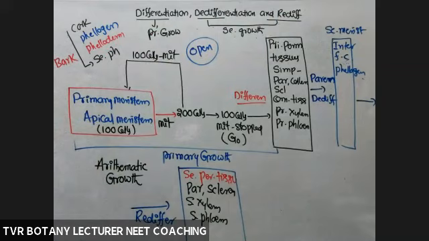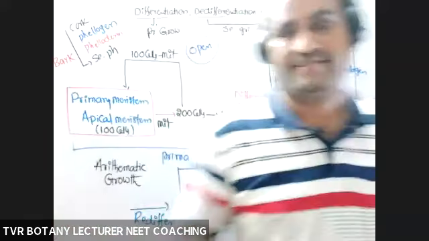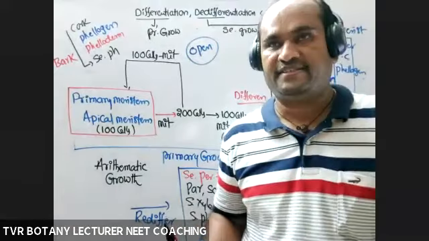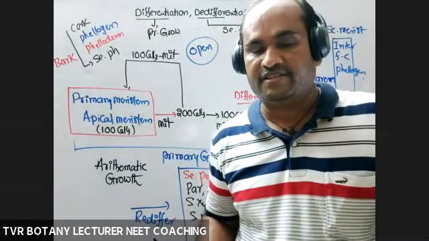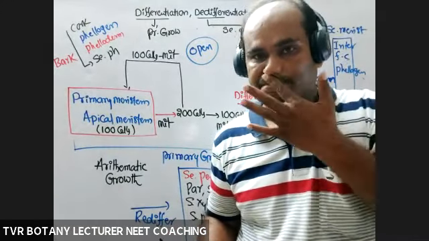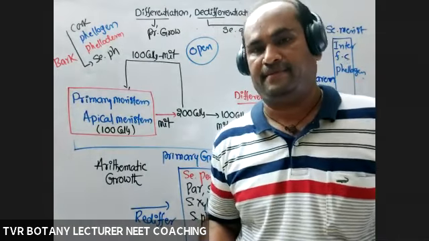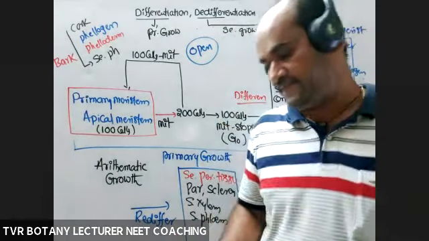So what is the type of tissue present in bark? That is the redifferentiation product of vascular cambium, meaning secondary phloem. So simply remember, secondary phloem is the redifferentiation product of vascular cambium present in the bark part.